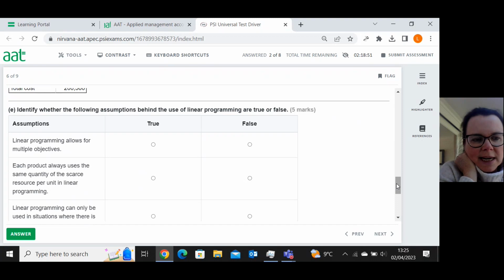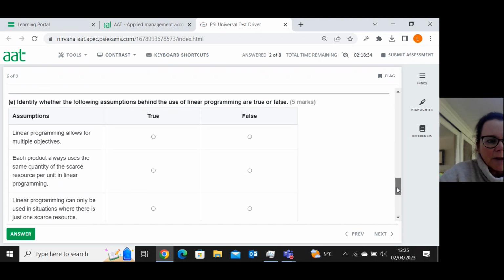But the point with linear programming is that you can have more than one limiting factor, although you can only use it to work out for 2 products. So let's have a look at these true or false statements.